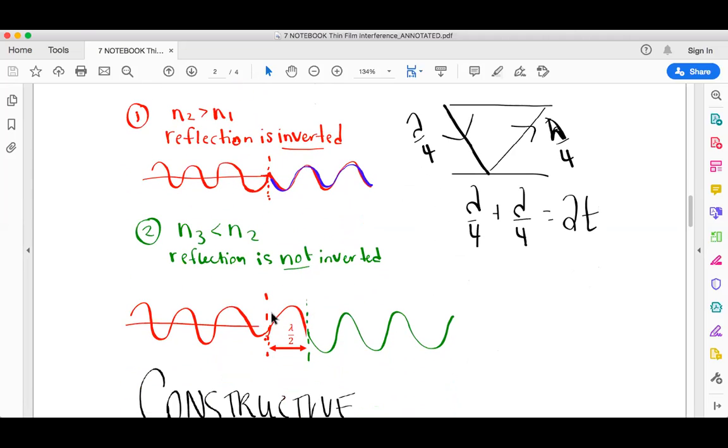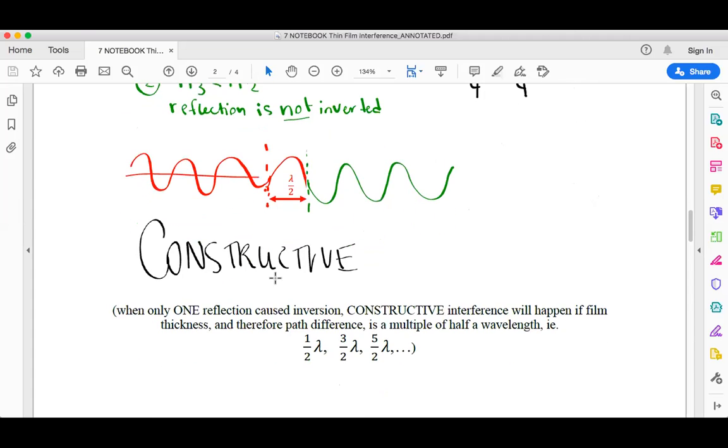So here, after we do that crest, we're going to continue to do the natural thing and not invert it. We're going to do a trough. And then this is the outside air after reflection, the blue, and this is the outside air after reflection, the green. And notice that they are perfectly in phase, which means that's constructive interference.